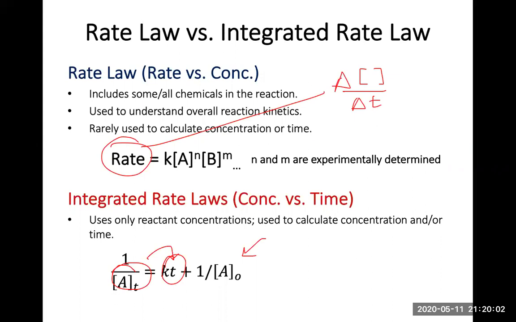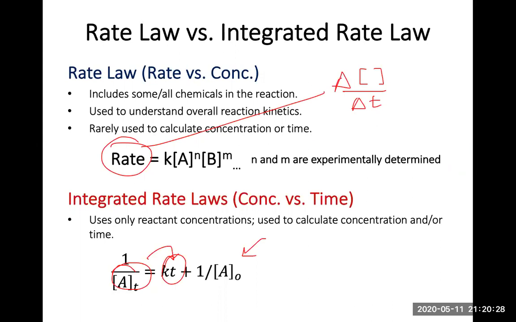If you have a question such as, how long will this environmental contaminant persist in my favorite waterway if it's being consumed by bacteria at a certain rate, you can use an integrated rate law to answer that question. You could say you want to find out how long it will take for 50% of that contaminant to be consumed, or maybe 90% of it to be consumed.